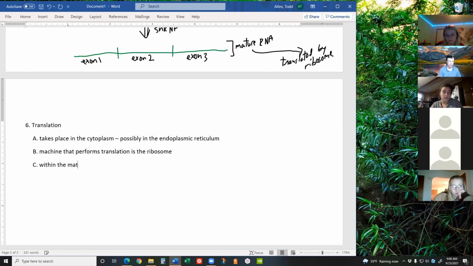Within the mature messenger RNA, any group of 3 continuous nucleotides, that means one nucleotide followed by another nucleotide followed by another nucleotide, any group of 3 continuous nucleotides is called a codon.